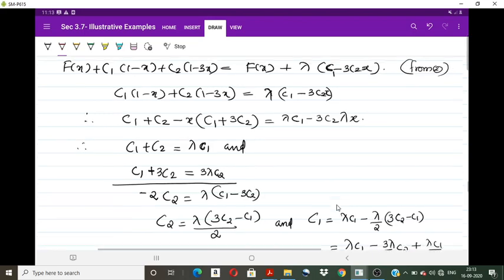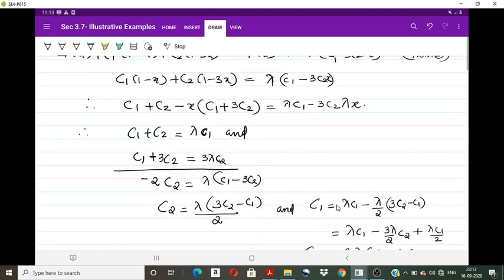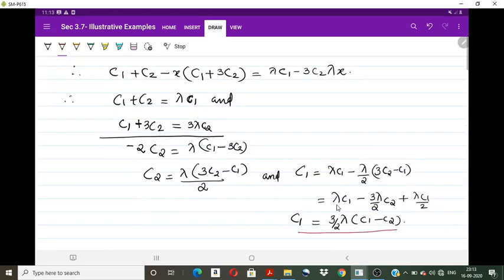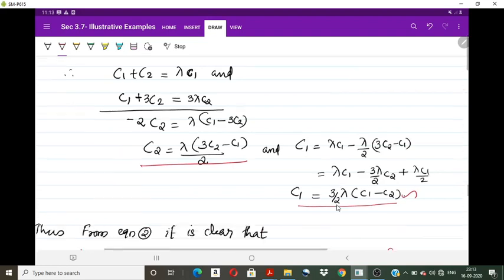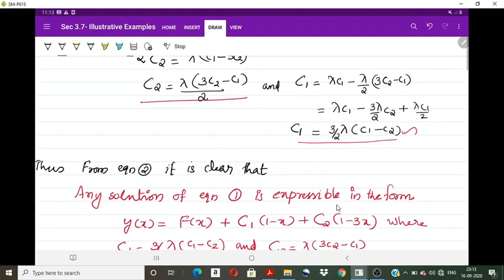Now from this we obtain C2 as lambda into (3c2 minus c1) by 2, and substituting that value we get C1 as 3 by 2 into lambda into (small c1 minus c2). So if we choose capital C1 as this one and capital C2 as this, we can say that the solution of any non-homogeneous system can be expressed as the sum of f of x and the linear combination of the corresponding characteristic functions.